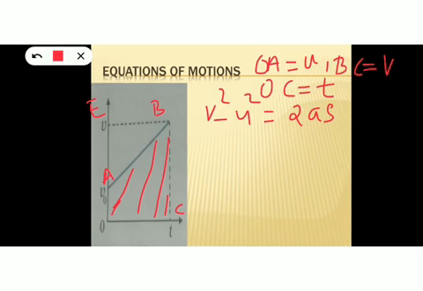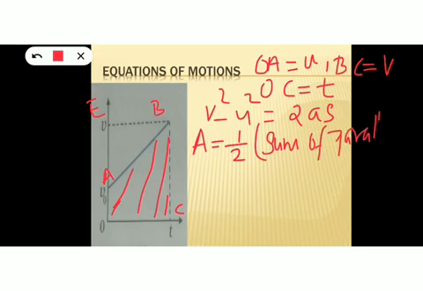Trapezium OABC. And what is the equation to find out the area of a trapezium? Area of trapezium is half into the sum of parallel sides into height or base. This is the equation.